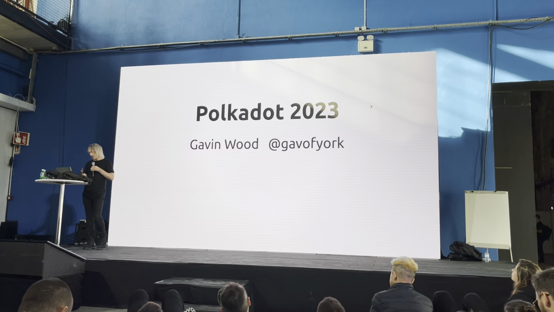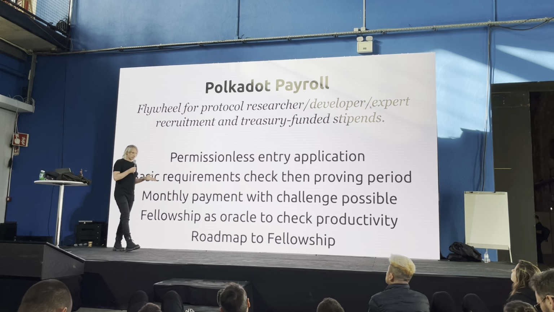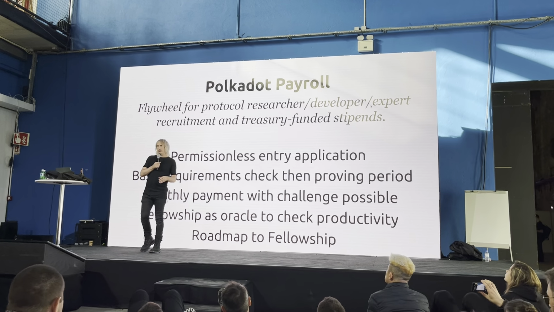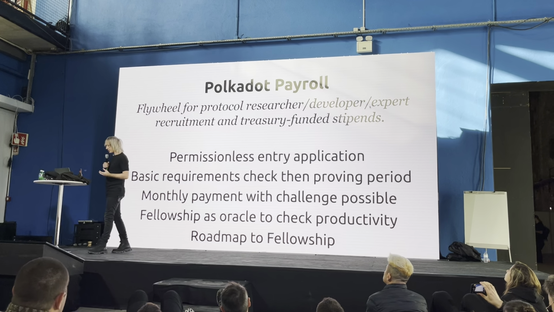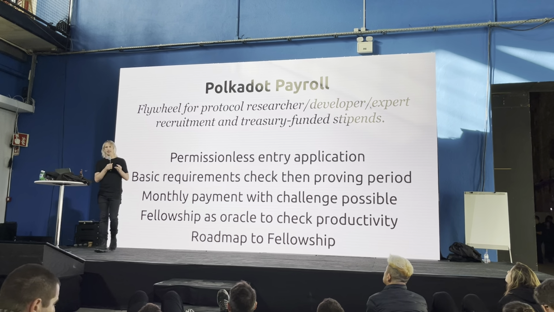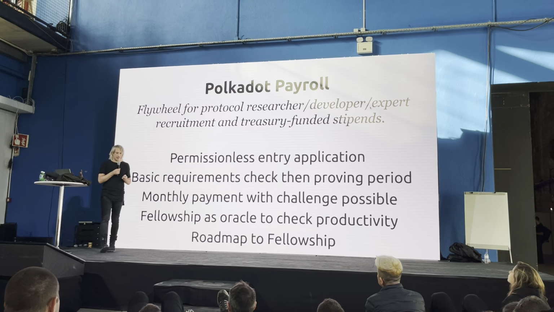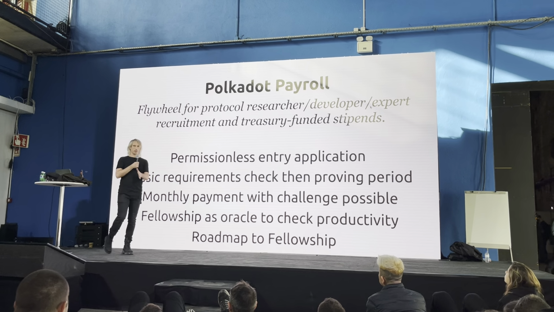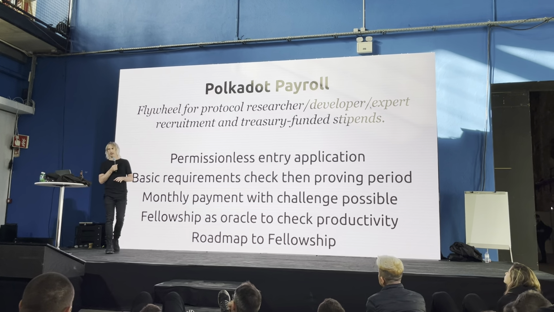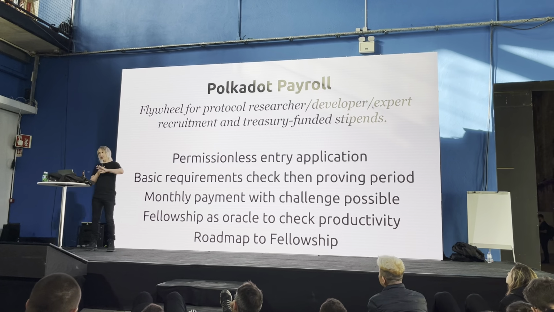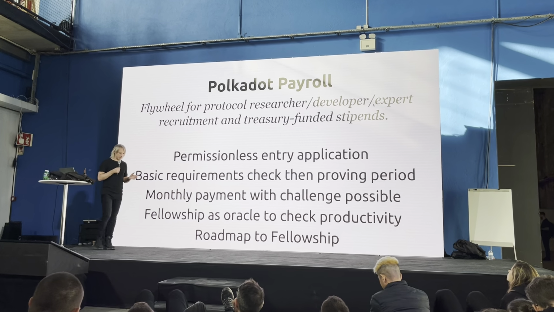Okay, that's it. Final thing, Polkadot Payroll. This is another one of these governance structures. I mean, when I say governance, I get the impression I'm talking about what a lot of people mean when they say DAO. But whatever, I'm going to stick with my original terminology.